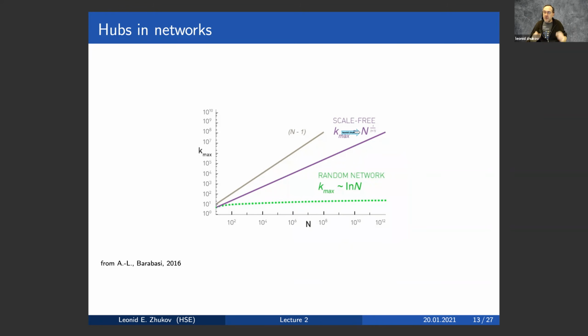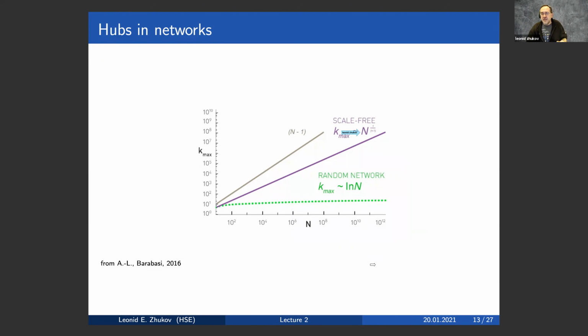Okay. We're going to talk about a model that actually creates this phenomenon, one of the models called preferential attachment, why those nodes actually accumulate a lot of links and very high degrees, but we're going to do it in a couple of other lectures.